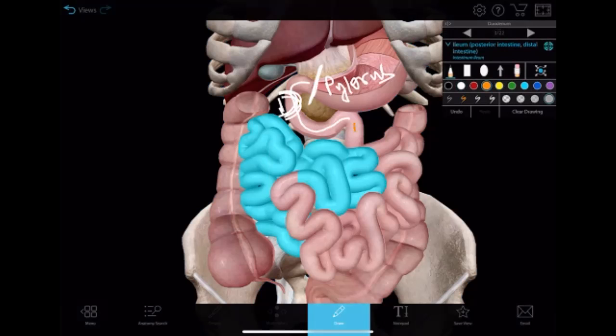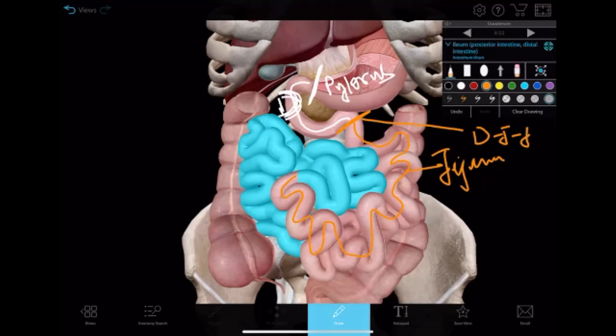From there, all of these loops are jejunum. The junction between the duodenum and jejunum is called the duodenojejunal junction.